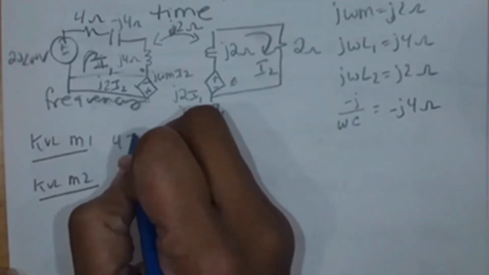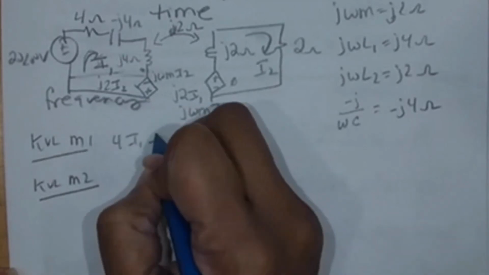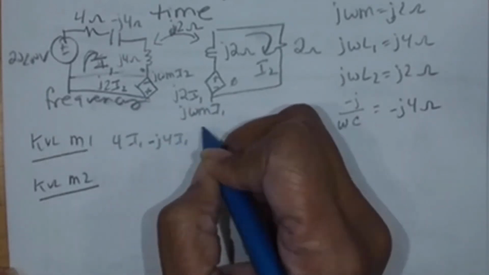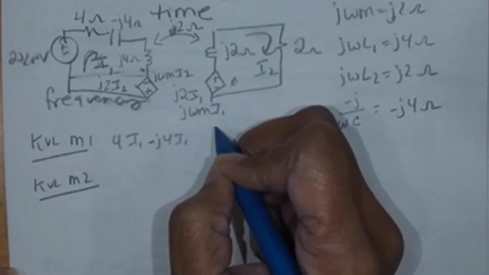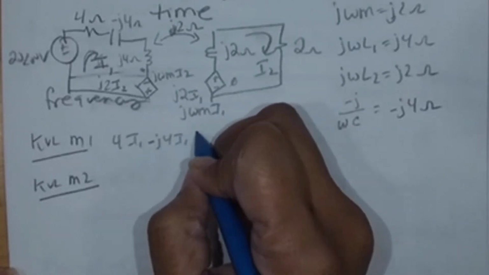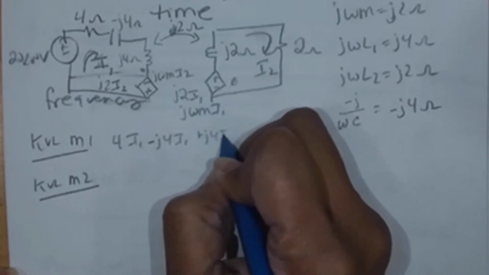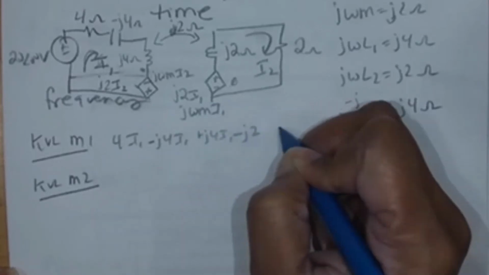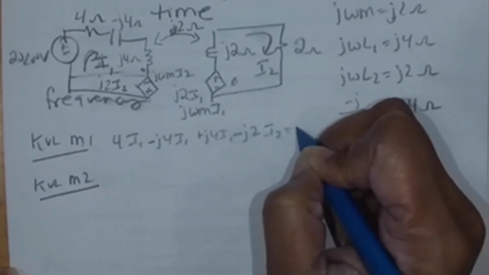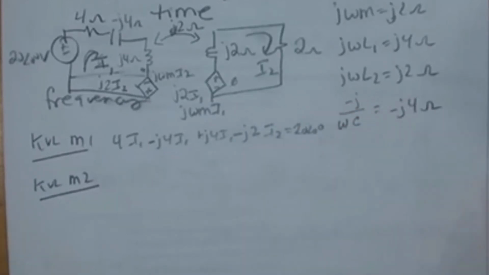We're going to have 4I1 minus J4I1 plus J4I1 minus J2I2 equals 20 angle 0 degrees. How did we do?